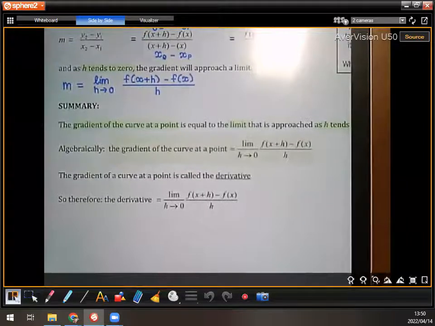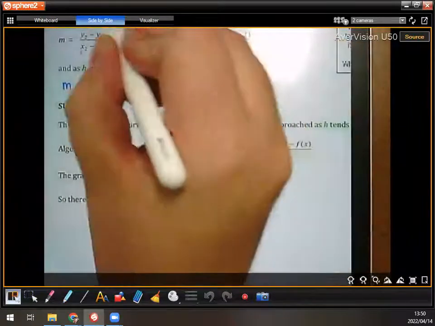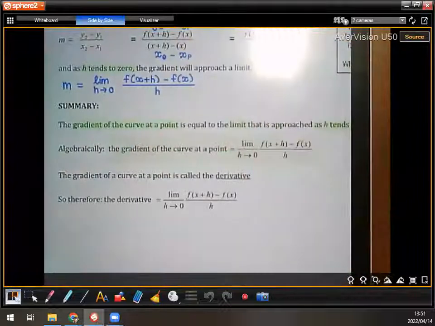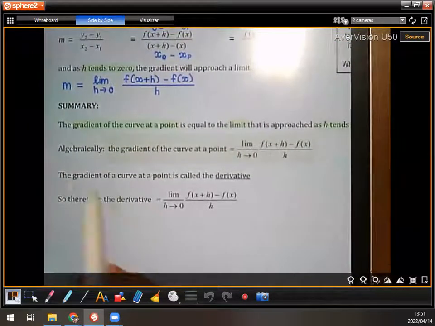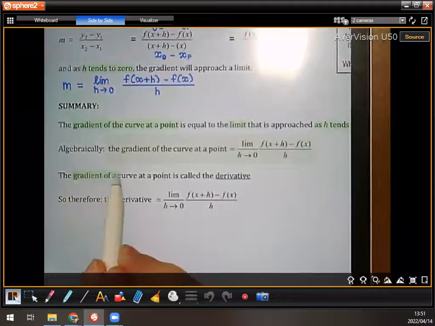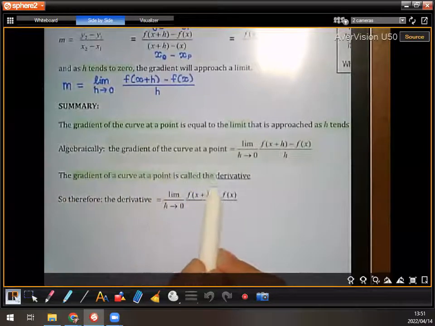Now, another thing that you don't know yet: you have seen the word derivative, right? Maybe if you work through past papers, or just in general. The derivative is basically just the gradient. We're going to apply it in different contexts as well, so it's not always called the gradient, but it is essentially the gradient. The gradient of the curve at a point is also called the derivative.